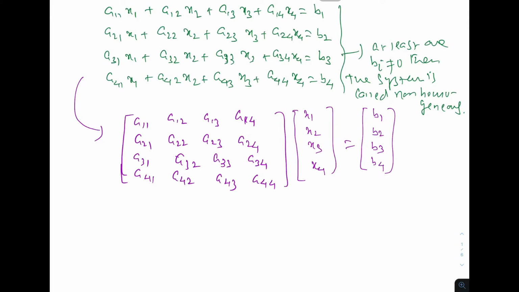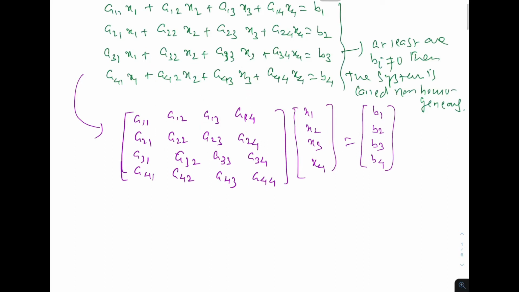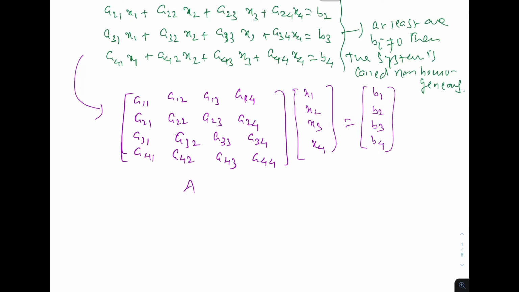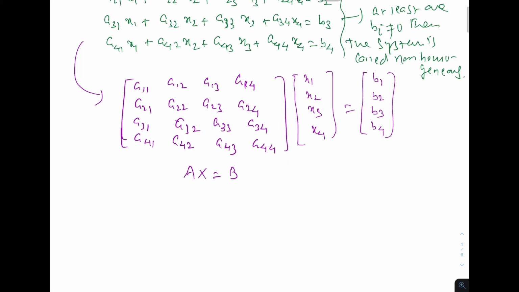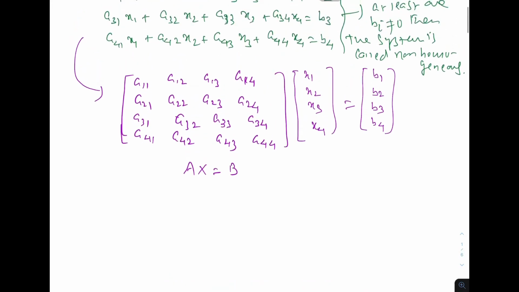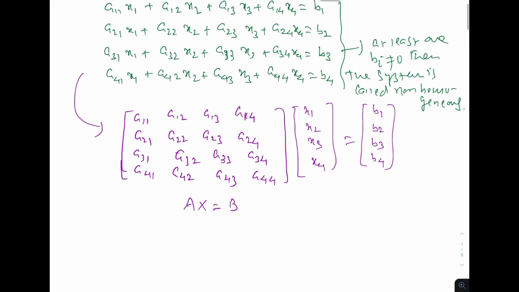So if we multiply these two matrices and equate with this, we get this system of linear equations. So we call this in matrix notation like this: Ax equal to b, where A is this matrix, x is this one, and b is this one. This is the way we can represent the system of linear equations in terms of matrix.